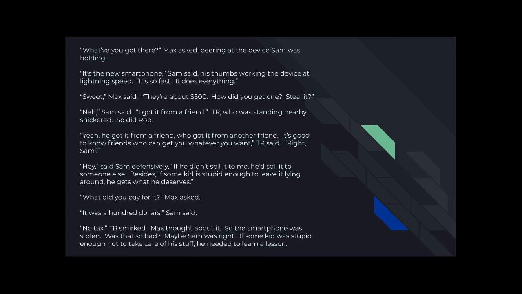"Right, Sam?" "Hey," Sam said defensively. "If he didn't sell it to me, he'd sell it to someone else. Besides, if some kid is stupid enough to leave it lying around, he gets what he deserves." "What did you pay for it?" Max asked. "It was $100," Sam said. "No tax," TR smirked. Max thought about it. So the smartphone was stolen. Was that so bad? Maybe Sam was right. If some kid was stupid enough not to take care of his stuff, he needed to learn a lesson.